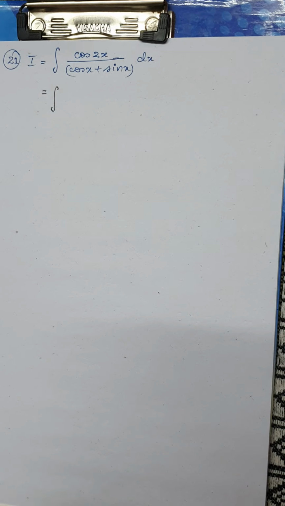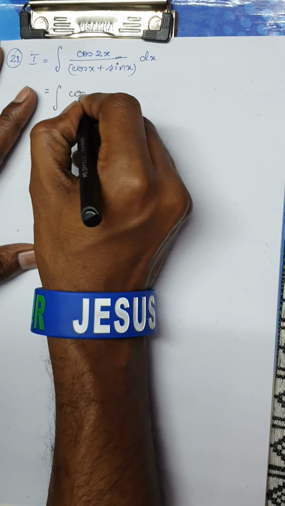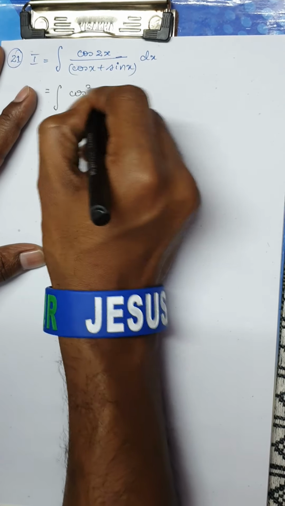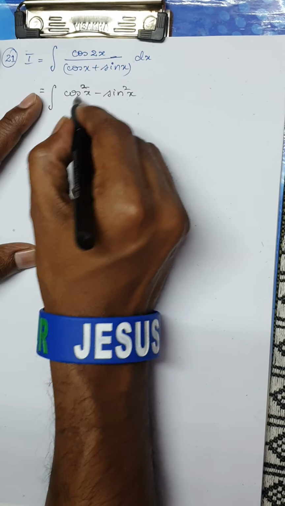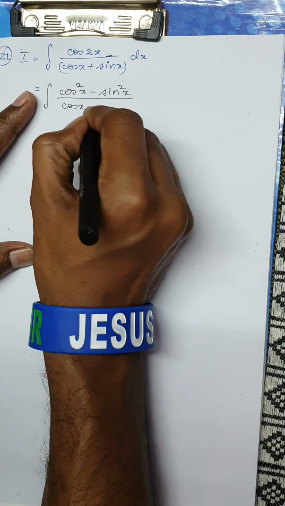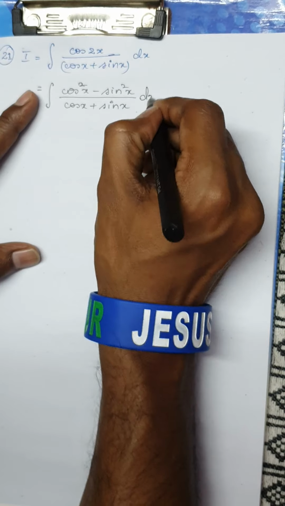So the numerator cos 2x can be written as cos square x minus sin square x, divided by the denominator, which I keep as it is, cos x plus sin x, dx.